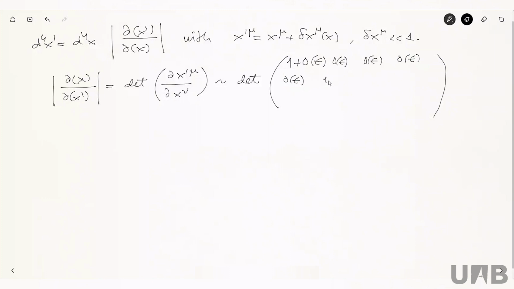In the diagonal, it's again order epsilon, has a 1, because now I'm taking the derivative of x prime 1 with respect to x1. But here is again order epsilon and order epsilon, and the same thing here, epsilon, epsilon, epsilon, 1 plus order epsilon. This is epsilon, epsilon, epsilon, 1 plus order epsilon. So that's the structure of this matrix, okay?